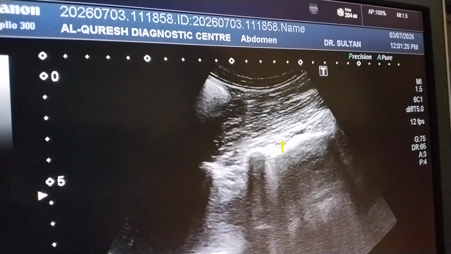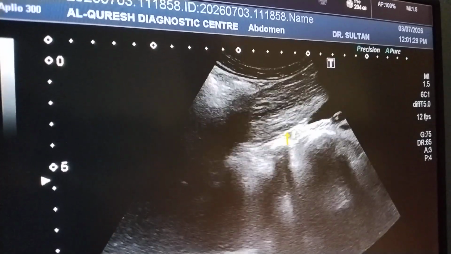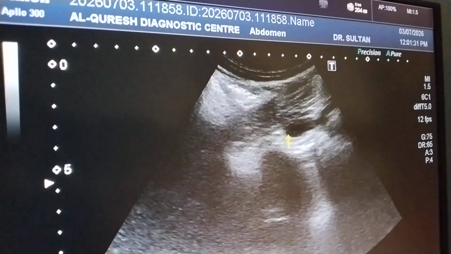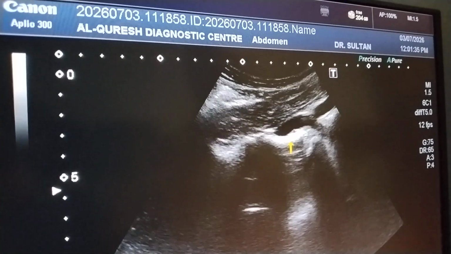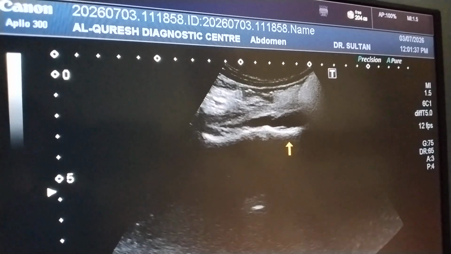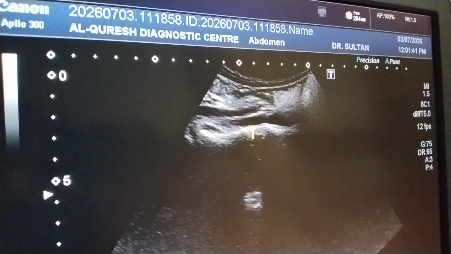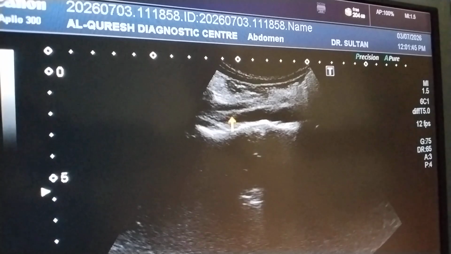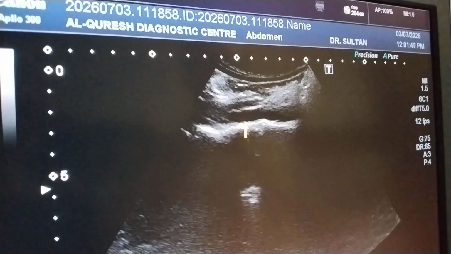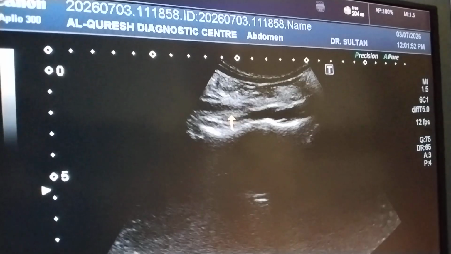When we do this maneuver, as I am doing, then we will see the vessels and then the ureter. If the person is fatty, it is difficult, but we can trace it if the ureter is dilated.